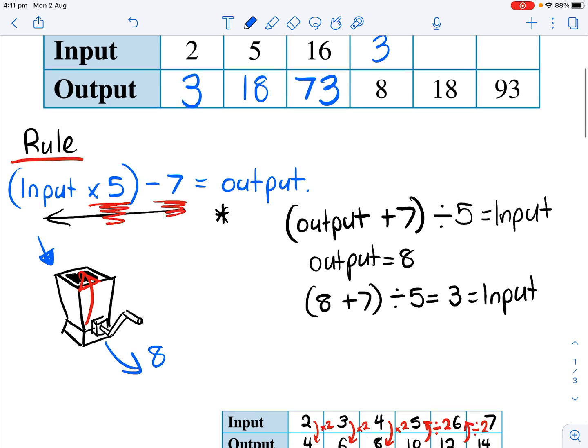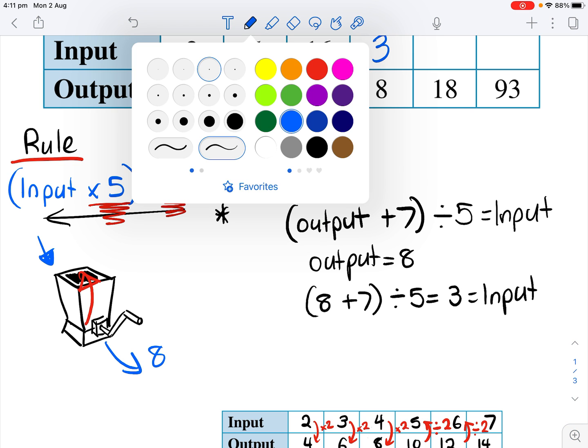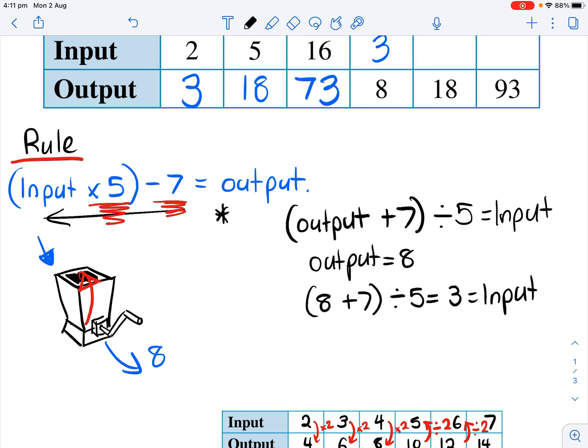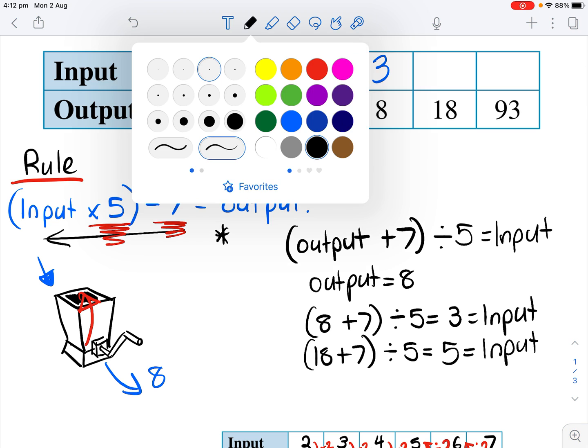Then for the next example, it's the same thing. The output in this case is 18, so it's going to be 18 plus 7, which is 25, divided by 5. 25 divided by 5 is 5. That would have been the input. So the input for 18 was 5.